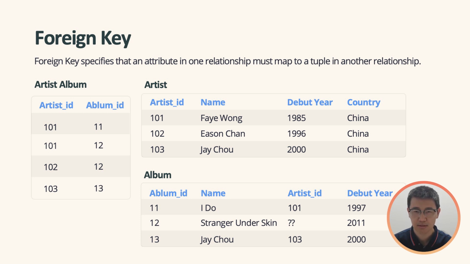For instance, ID 103 shows that the artist is Jay Chou, with the corresponding album ID 13 from the year 2000. While a primary key in one table is referenced as an attribute in another table, it automatically becomes a foreign key. This is crucial because these primary and foreign keys often appear together, allowing for complex relational queries.